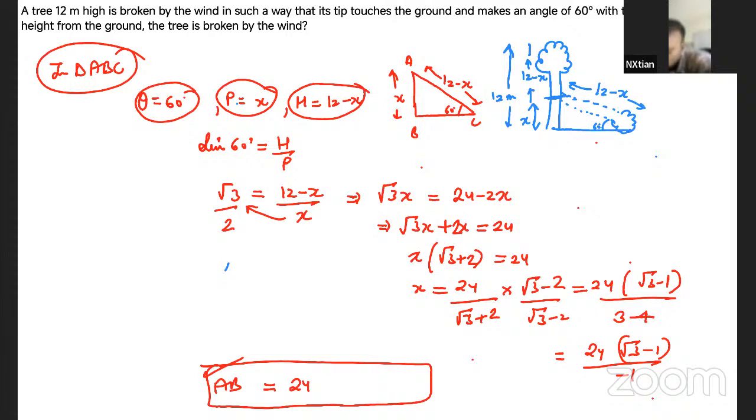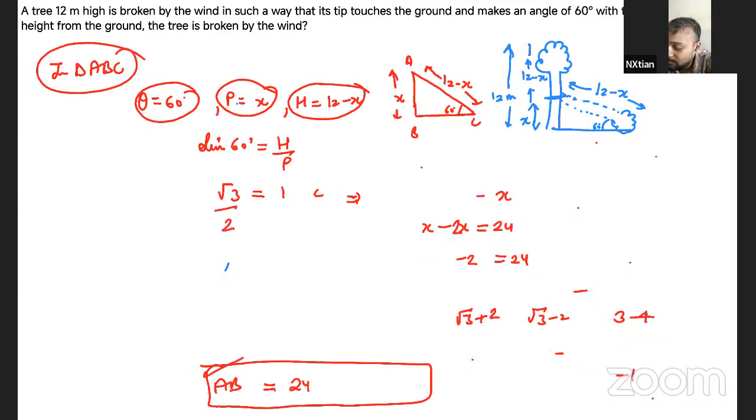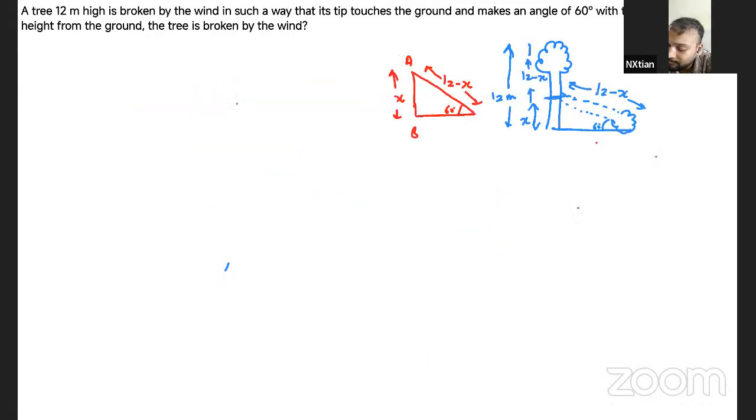Since I'm getting minus. What? Sine theta is equal to B by H, right, sir? What am I getting, bro. This will happen when you're not taking good sleep.